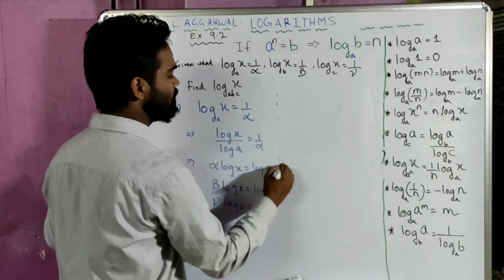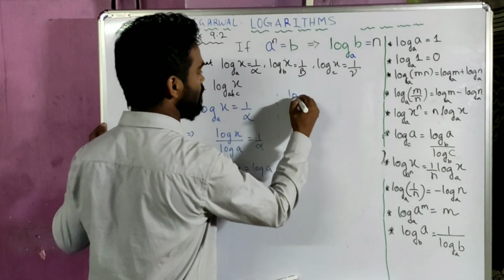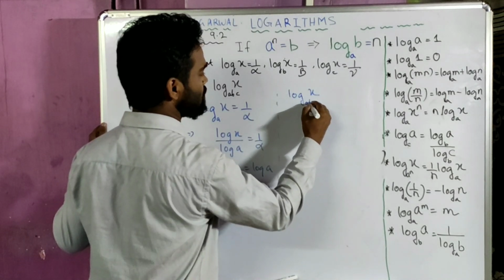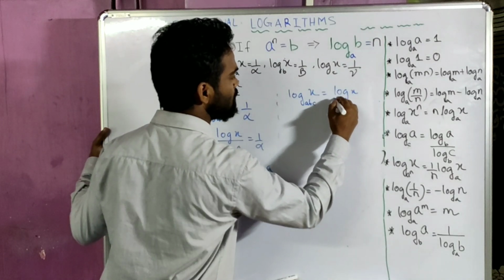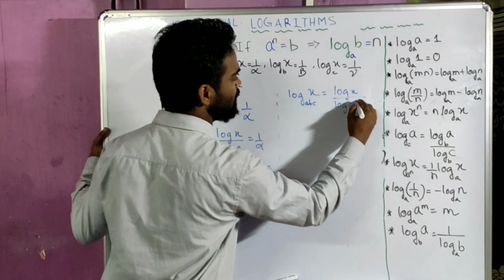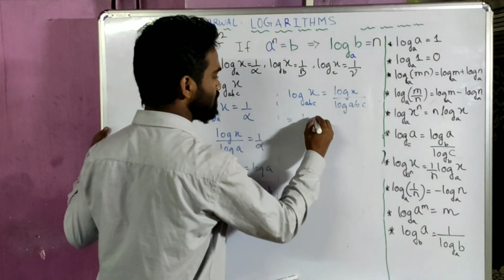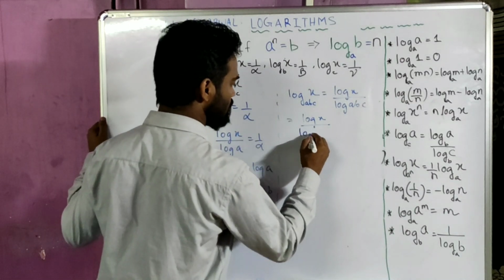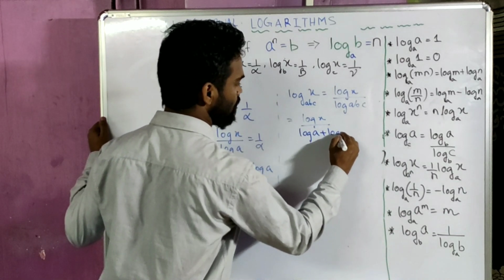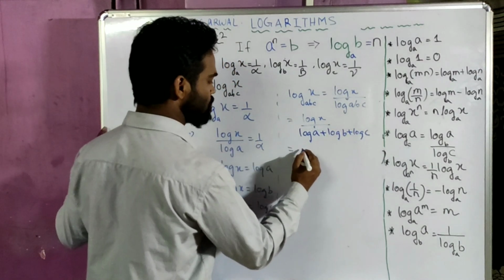Now look what they have told us to find. They have told us to find log x base abc. Now this can be written as log x by log abc, which in turn can be written as log x by log a plus log b plus log c. Am I clear? I will just substitute the value.